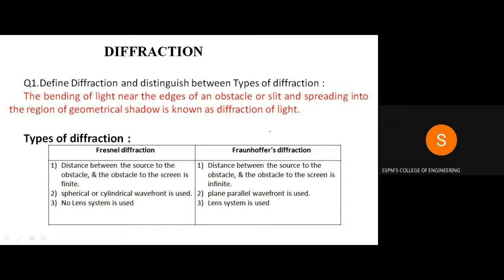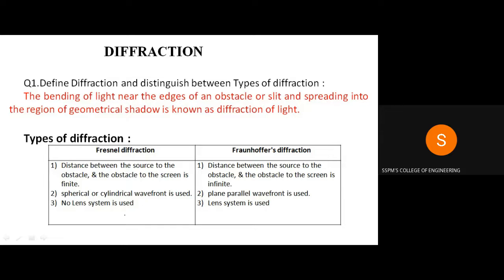There are two types of diffraction, Fresnel's class of diffraction and Fraunhofer's class of diffraction. You already studied all these parameters. In Fresnel's diffraction, the distance between source and obstacle and between obstacle and screen is finite. Spherical or cylindrical wavefront is used.